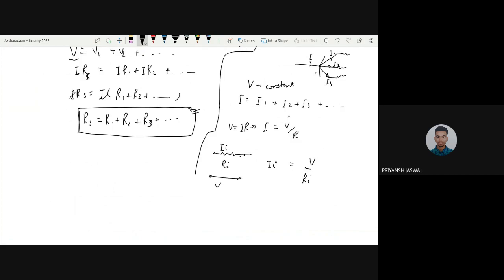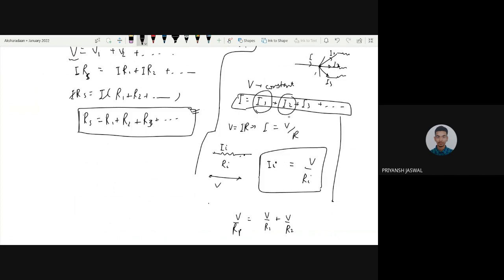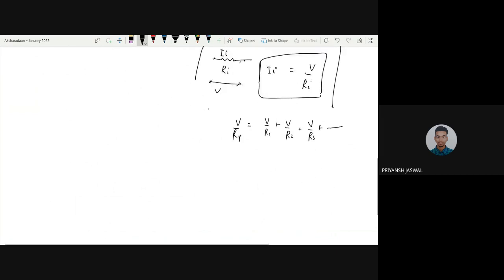So this equation becomes V by R parallel, that is the total resistance of the circuit, will be given by V by R1 plus V by R2, these individual currents can be written using this formula, plus V by R3 and so on up to the n number of components.